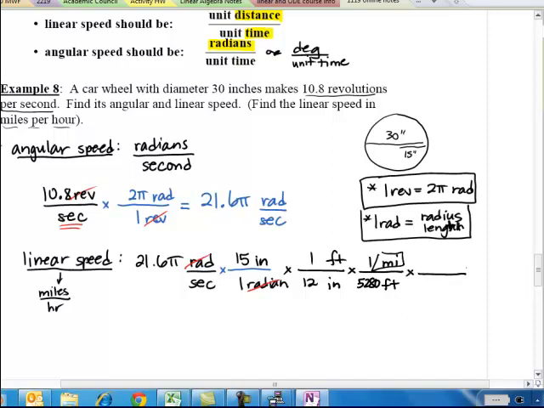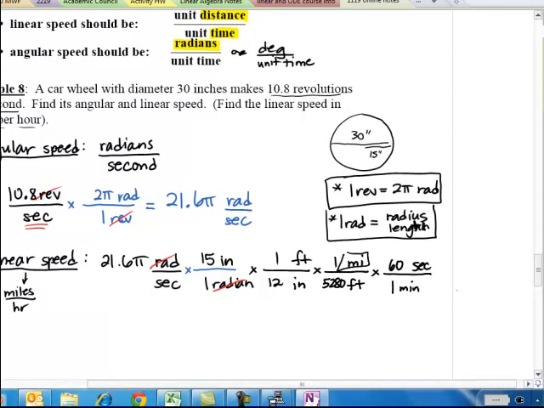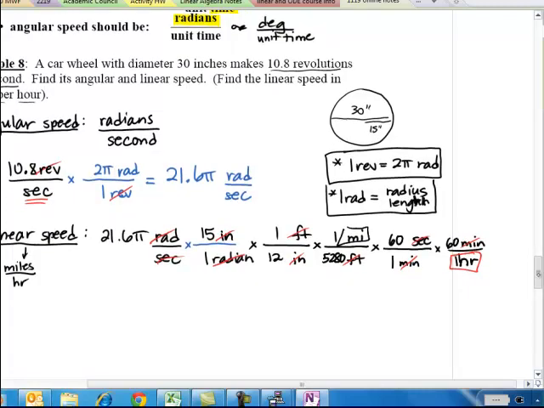So either you could get there directly, 60 seconds in 1 minute, or you can do 3,600 seconds in 1 hour. If we go to minutes, then we'll need one more 60 minutes in each hour. So, inches will cancel, feet will cancel, miles will stay, seconds will go, and minutes will go, and hours will stay. So we'll have miles per hour like we want, right?